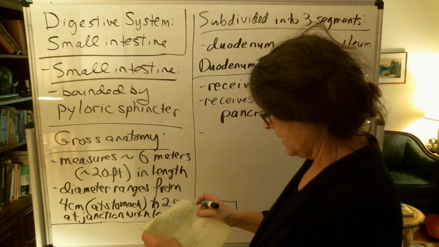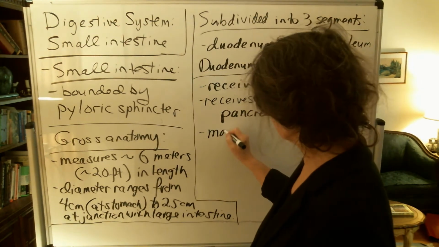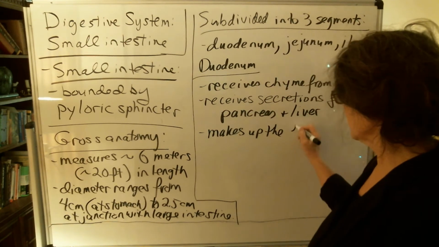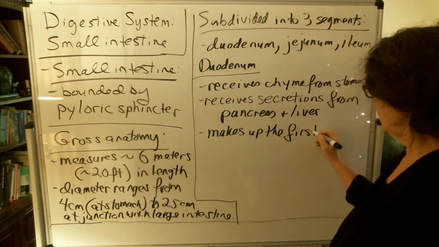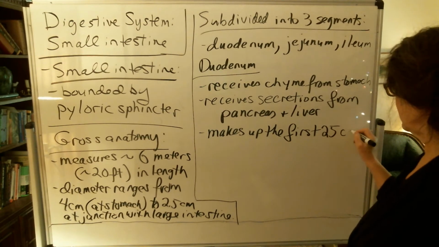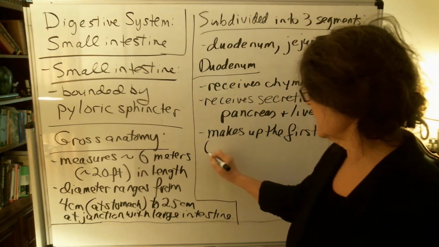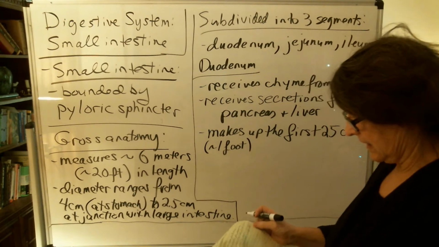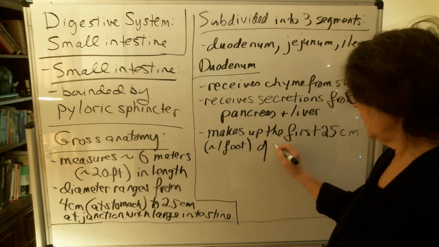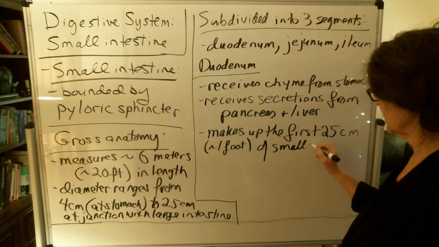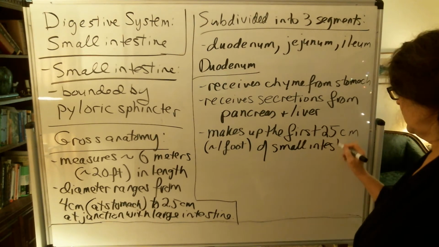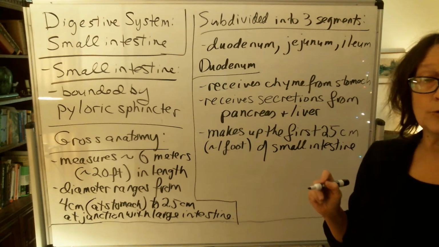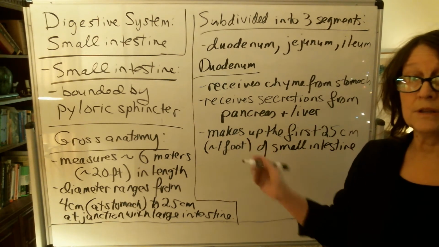And the duodenum makes up the first 25 centimeters, that is to say approximately 1 foot, of the small intestine. So it is therefore about the first foot nearest to the stomach.